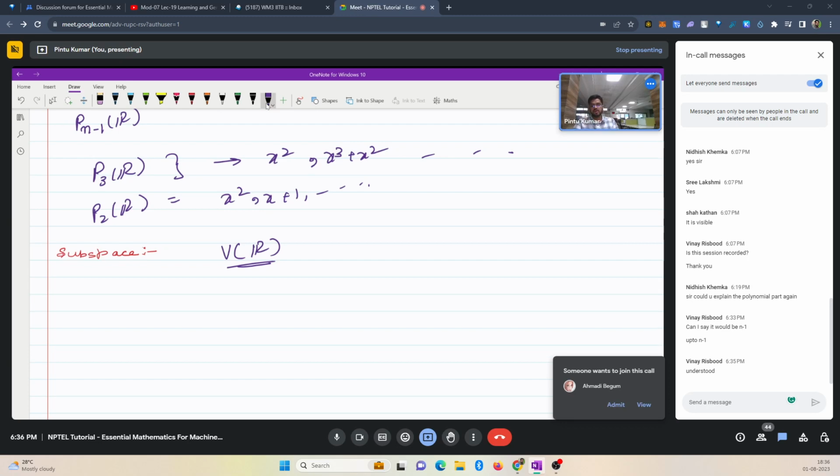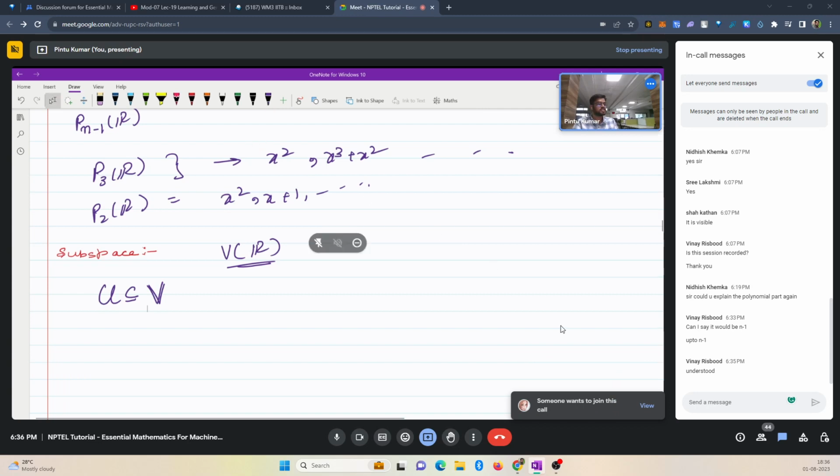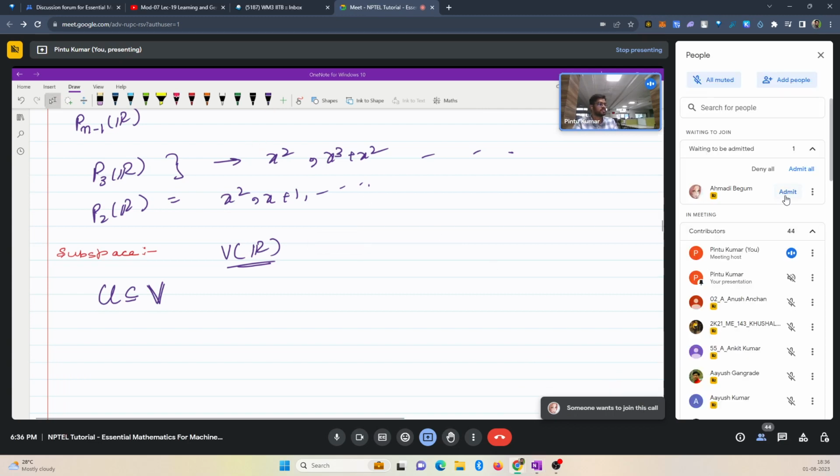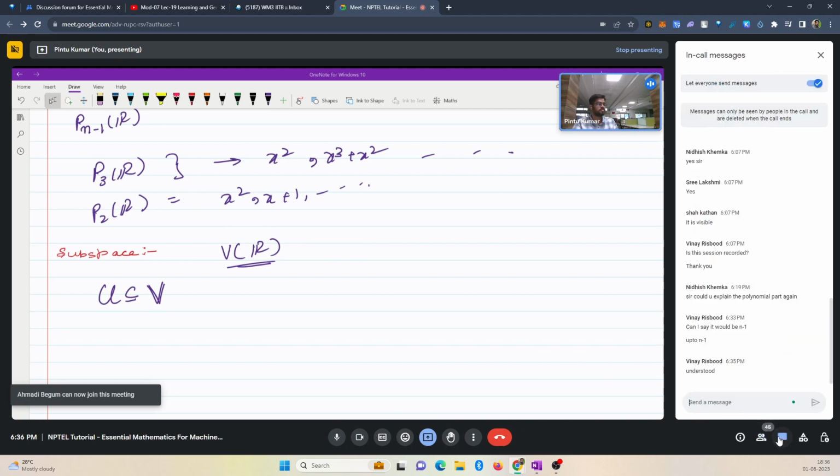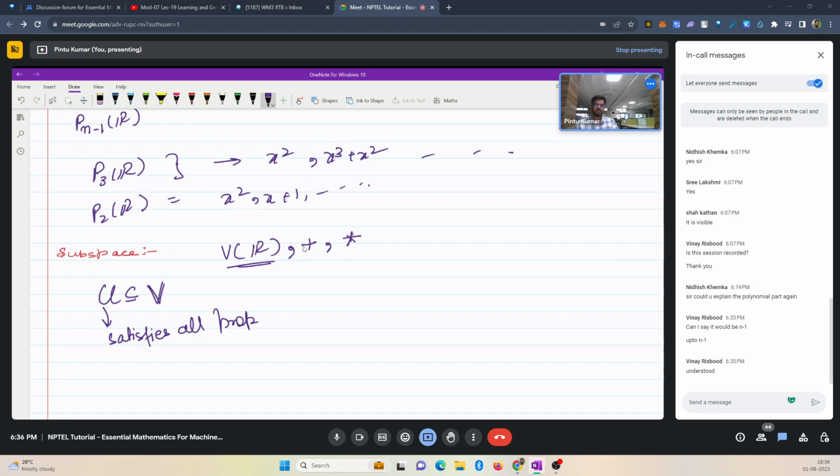Now if you have a subset U of V, which satisfies all the properties of a vector space, under the same operations, addition and multiplication. So this vector space was under some plus and multiplication. Under the same operations, your U also satisfies all properties of a vector space.